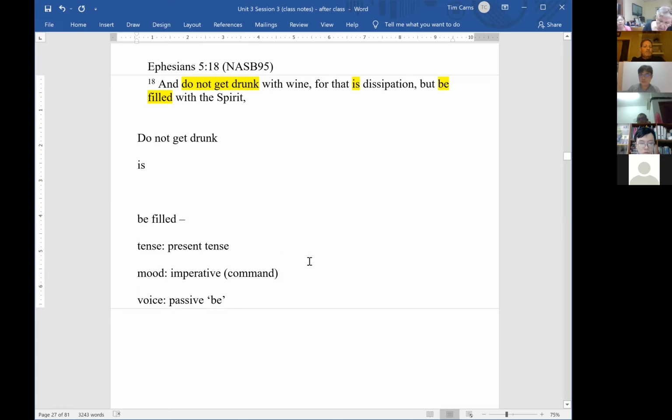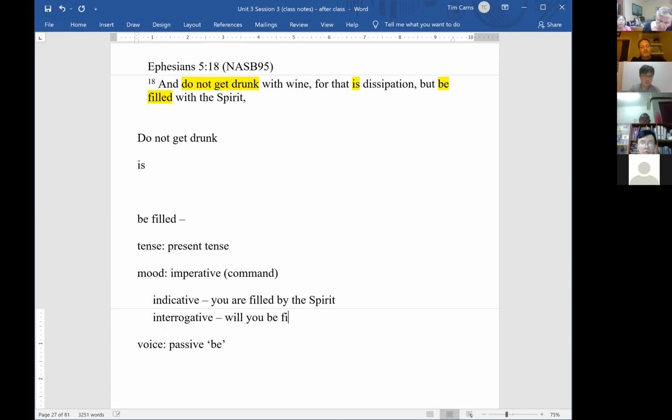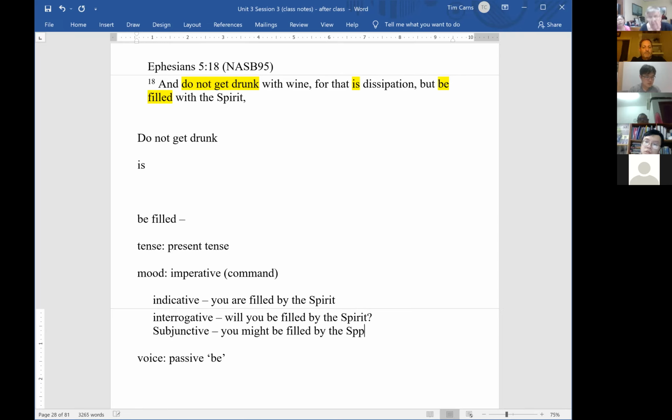If it were indicative, it would have been, you are filled by the Spirit. Okay, that would have been an indicative. Or if it were interrogative, it would have been, will you be filled by the Spirit? Okay. If it were subjunctive, it would have been, you might be filled by the Spirit. All right, but that's not what he said.